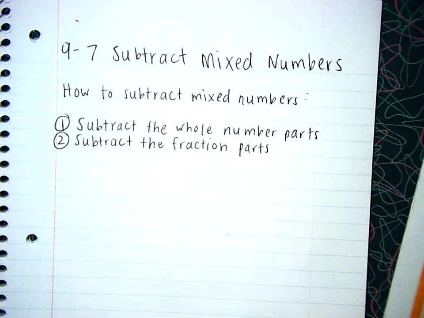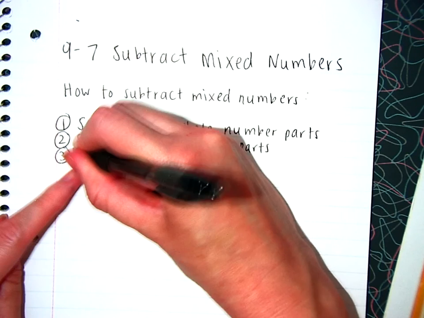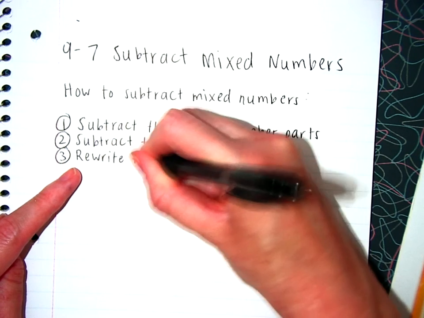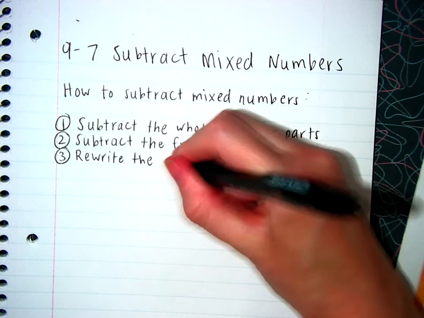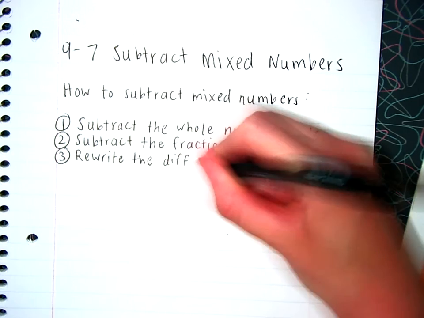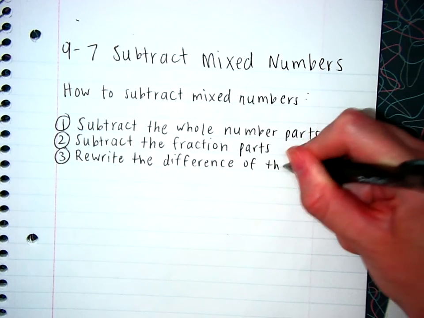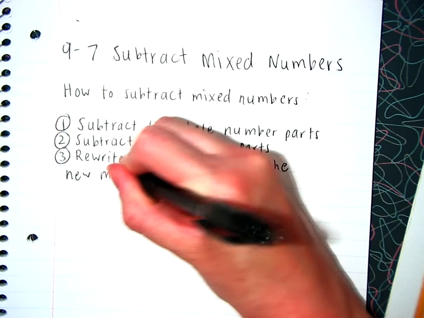Subtract the fraction parts. Now your third step would be rewrite the difference, which means the difference is when you subtract two things, that's the difference. Rewrite the difference of the new mixed number.